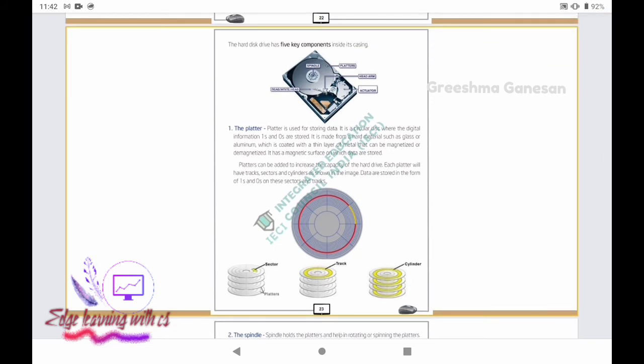Each cylindrical shape is known as the track, and also the cylinder we have here, a cylinder shape for all tracks or all platters. Then data are stored in the form of ones and zeros on these sectors and tracks.